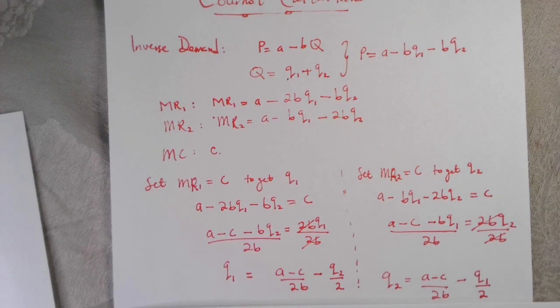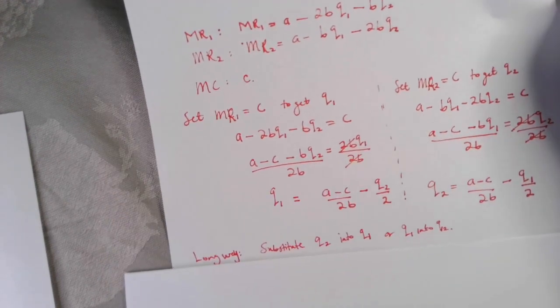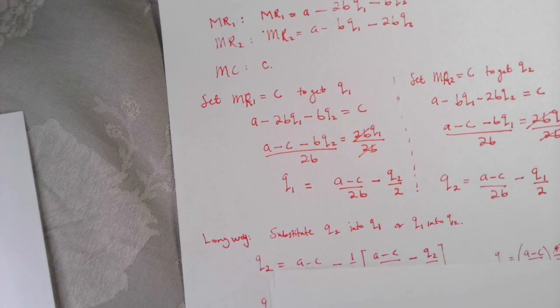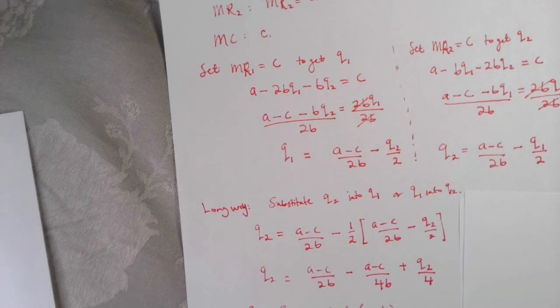Now, in Cournot, the firms set quantity simultaneously, so we can substitute one into the other and get Q1 and Q2. So here is the long way of doing that. There is a short way, and I may make a separate video. It's really straightforward to explain that to you. Now, say I substitute, let me cover this part up for now.